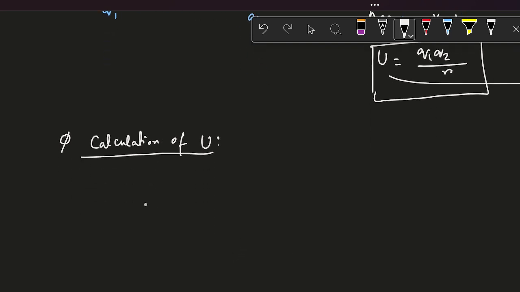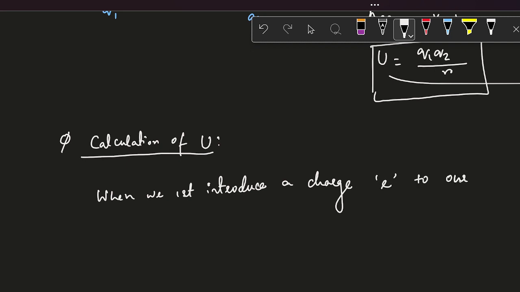So first of all, what is the first value of U? When we first introduce a charge E to our system, that is for the first charge initially, there are no other particles to begin with, right?